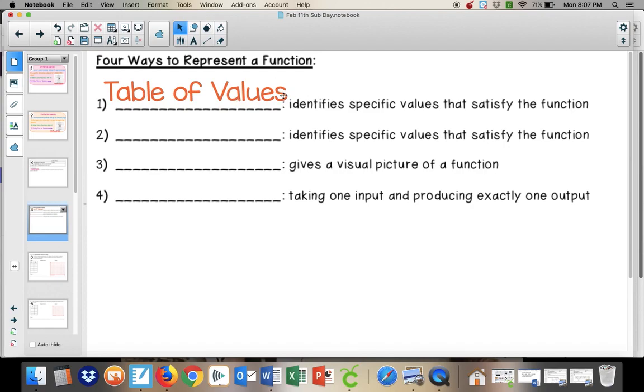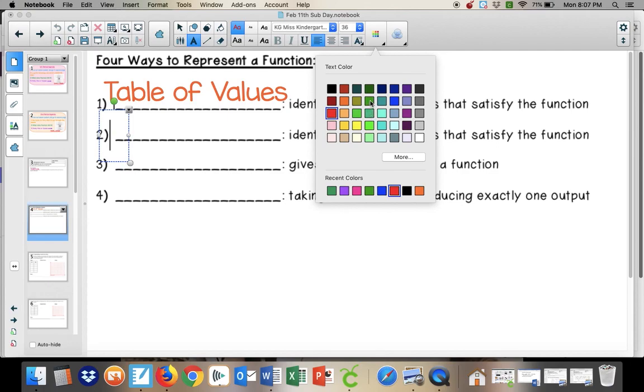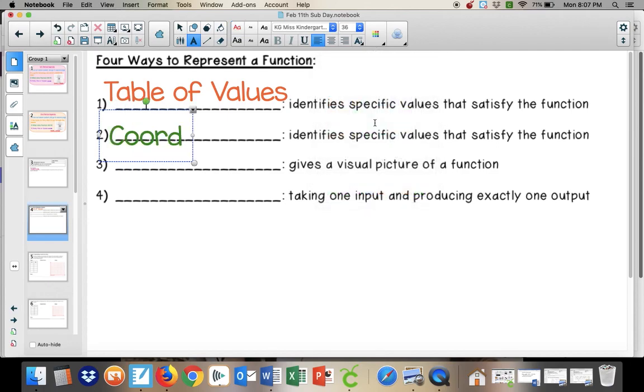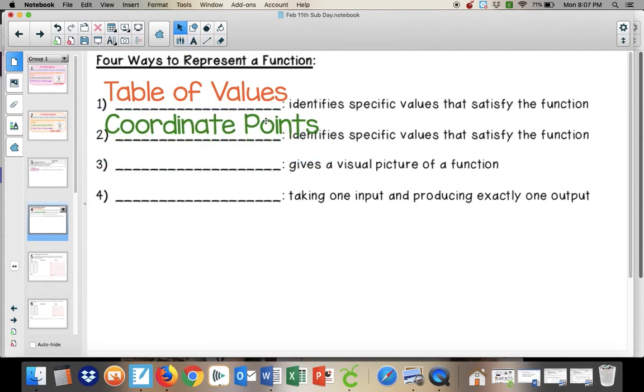A table of values identifies specific values that satisfy the function. The other thing that we'll be doing is our coordinate points, and these identify specific values that satisfy the function as well.